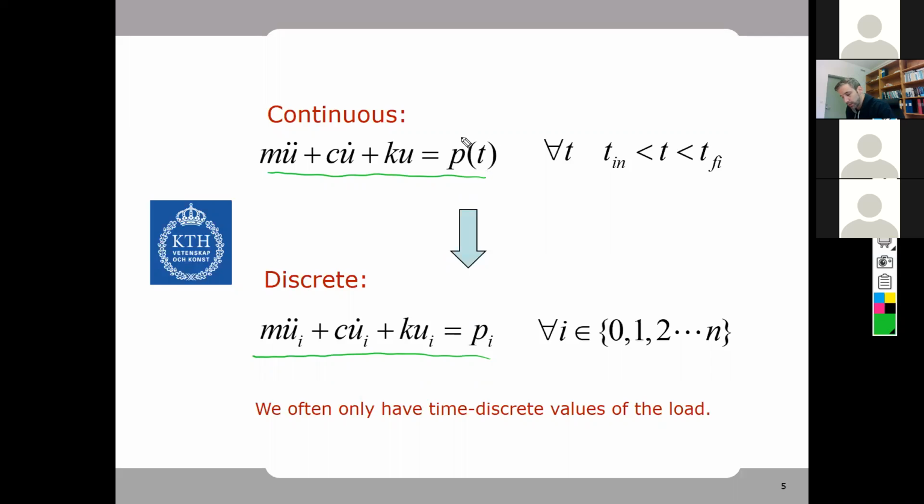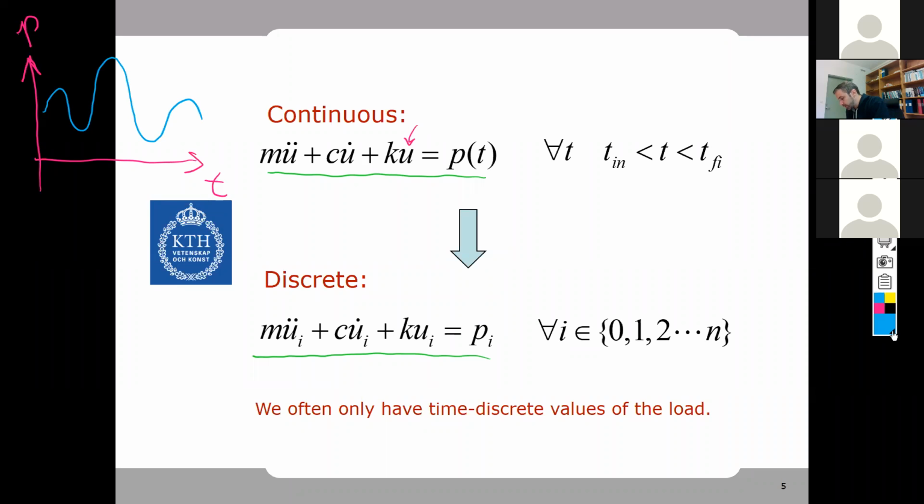Because of course, in the same way that we were going to calculate a discretized response u, this value of u, which is our solution, which is what we're looking for, we also have to discretize the value of p, because p is a curve that varies with time, but we are not going to solve for every time.